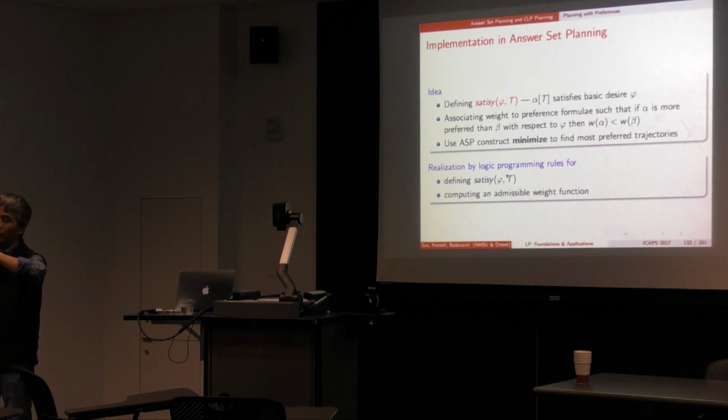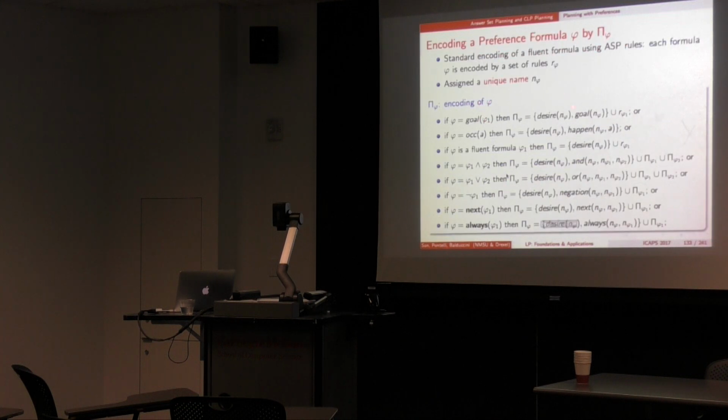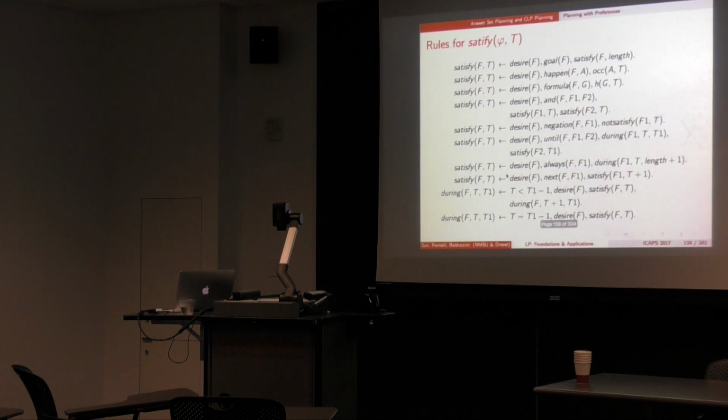And then we just evaluate the formula with respect to the trajectory. I will not bother you with all this, but basically this is how it works. We first encode the formula file in this way, and then we define the rule for certifying.